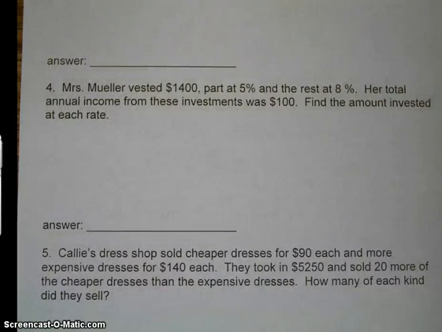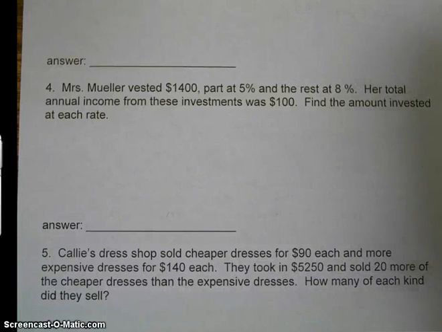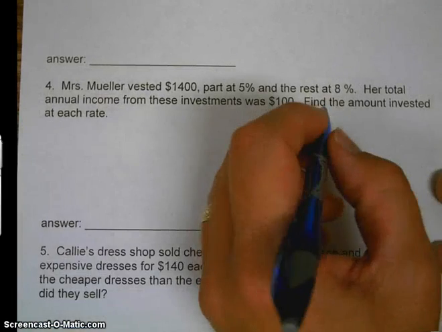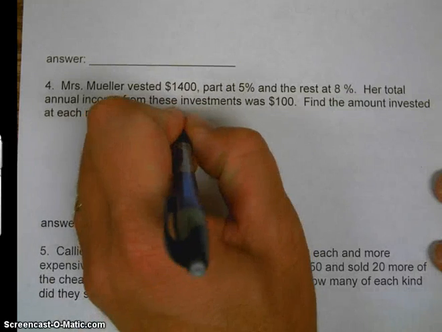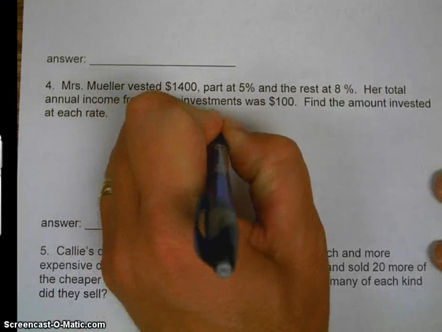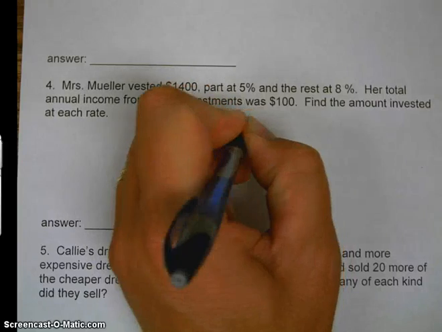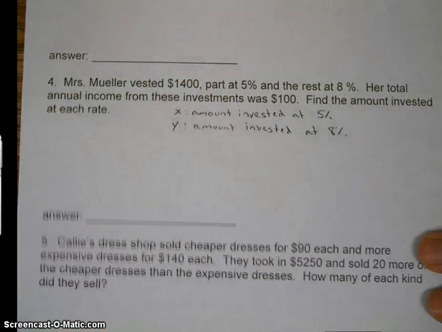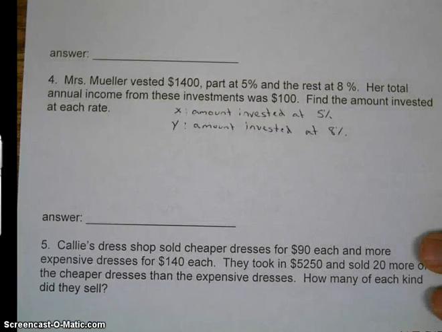Since this is very general, vague, you could use F for 5% or an E for 8%, but I'm just going to use X and Y. So I have the X and the Y, the 2 different amounts invested at the 2 different percentages.